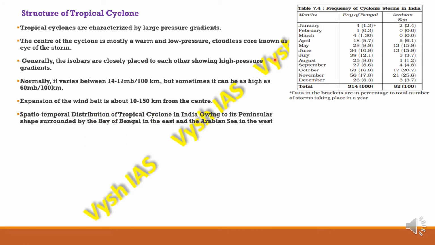And the spatio-temporal distribution, or the space and time distribution, of tropical cyclones in India is mainly because of the peninsular shape of India. So the space which it takes and the time at which it occurs is mainly because of this peninsular shape, the inverted triangular shape, which is surrounded by the Bay of Bengal in the east and the Arabian Sea in the west.